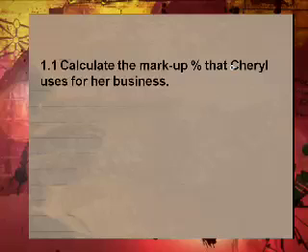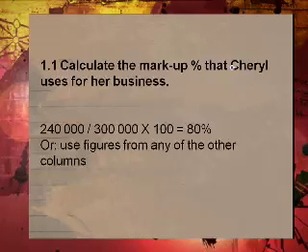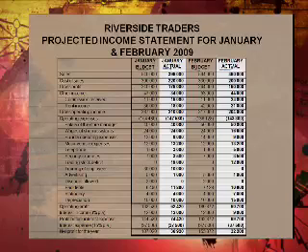Calculate the markup percentage that Cheryl uses for her business. Right. So now we'd say, okay, fine. Let's take the 240,000. Where do we get the 240,000 from? Watch. 240,000, my sales of 540 minus my cost of sales of 300,000 gives me a figure of 240,000.